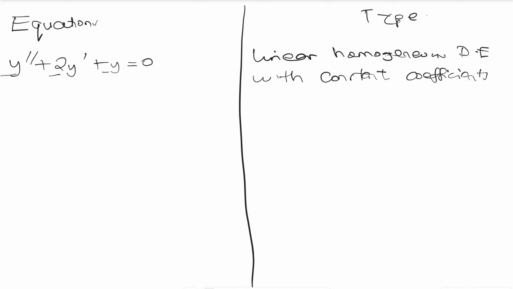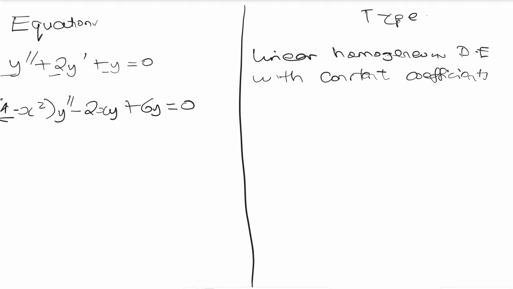Then we have another type of equation, which can be in the form of 1 minus x square minus 2xy plus 6y is equal to 0.